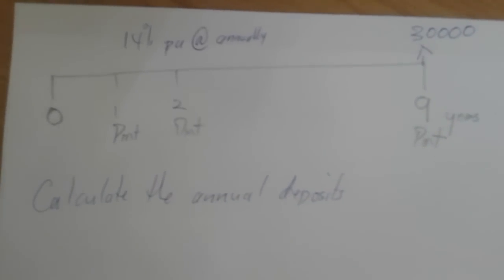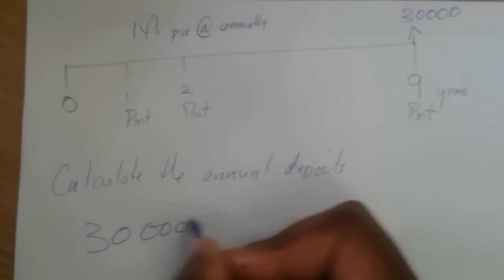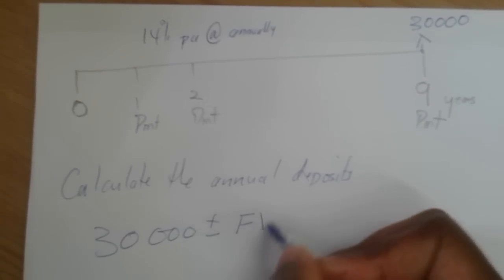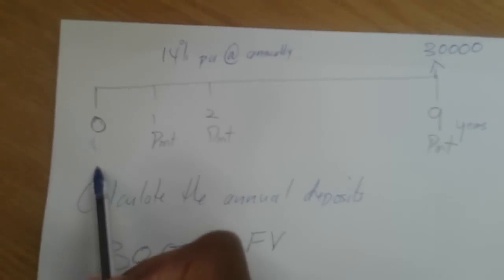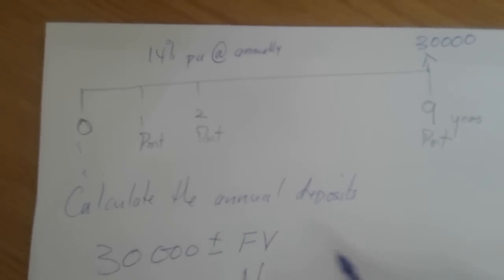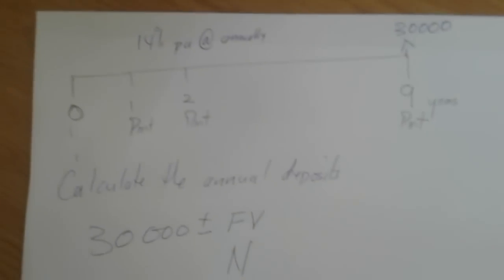Right. So what do we say? 30,000 plus minus, that is your FV, because it's in the future. Because remember, we are here. 0 means now. So your N, remember I said your N is the number of payments. So how many payments are there?